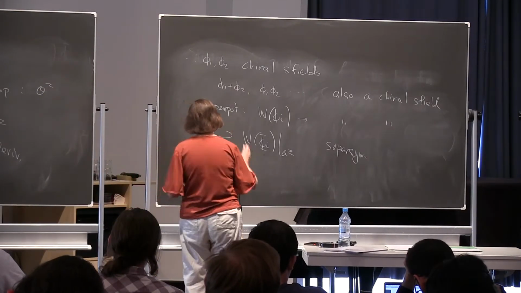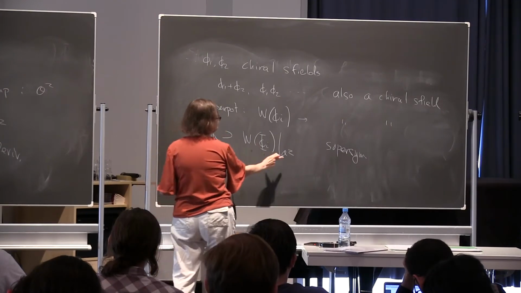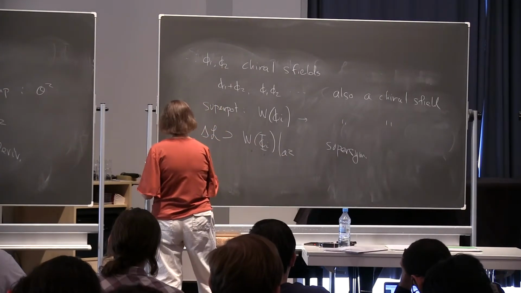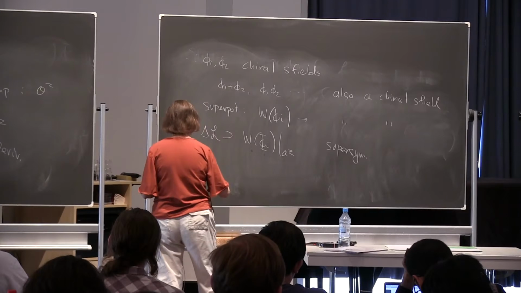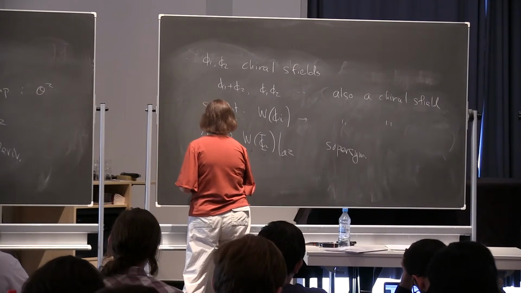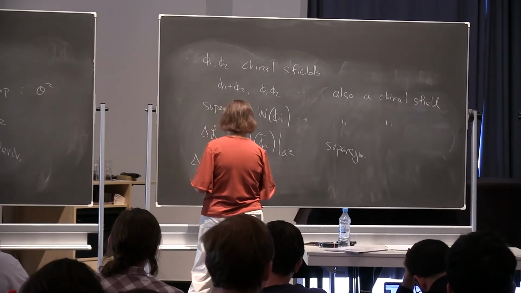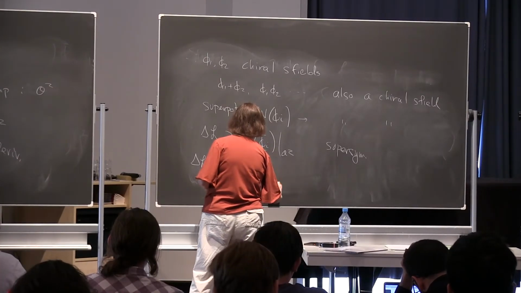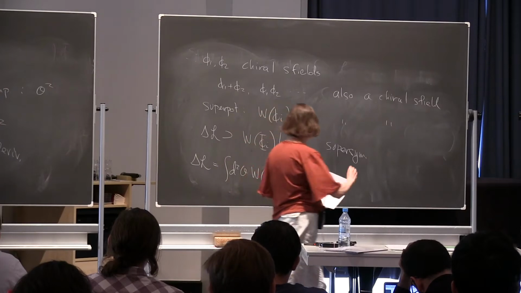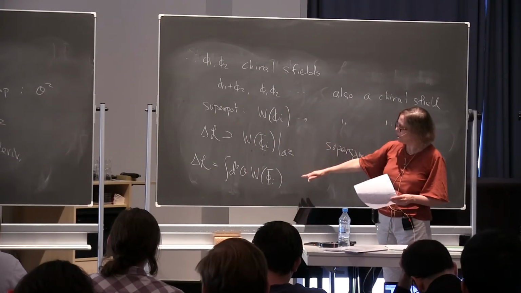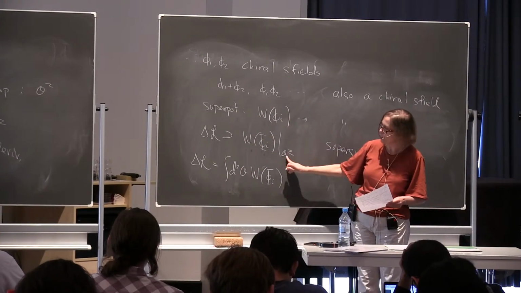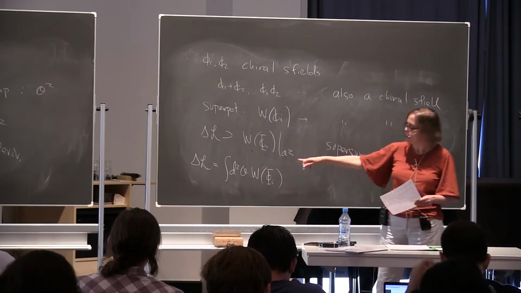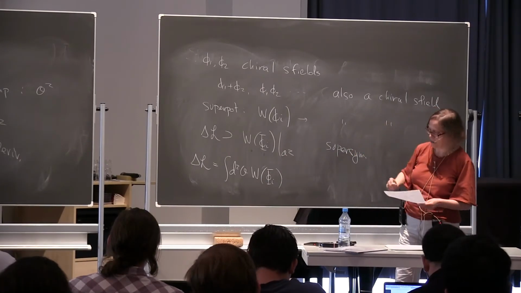Usually the way we write this, instead of taking the theta squared component, is that we have a term in the Lagrangian that we can write as the integral d squared theta of W of phi I. And remember, because we're talking about Grassmannian variables, taking the theta squared component is exactly the same as doing the d squared theta integral.